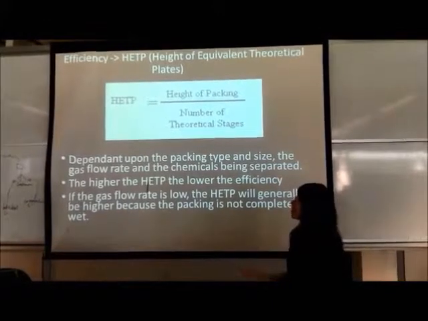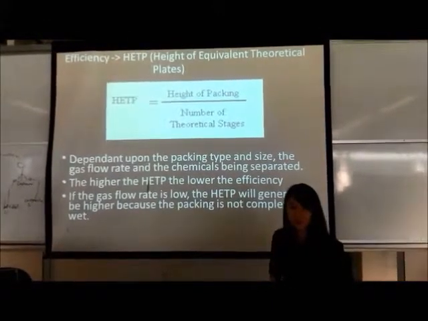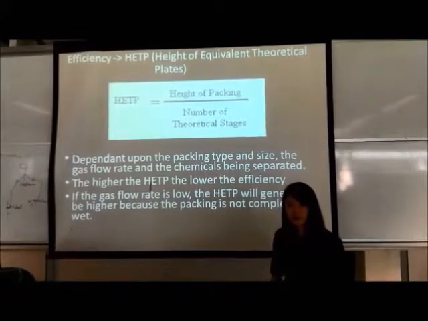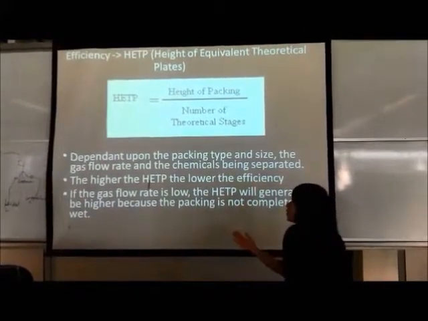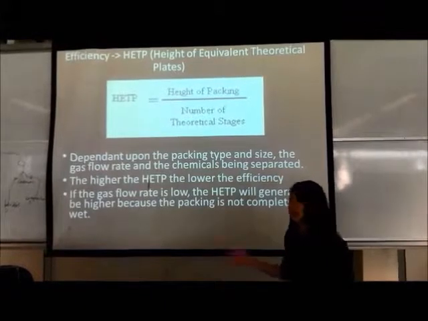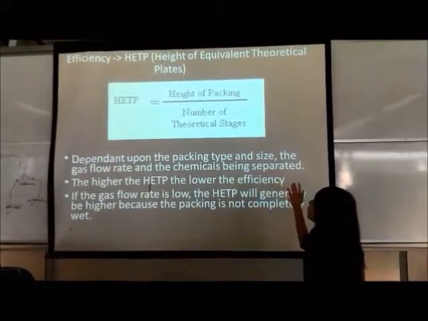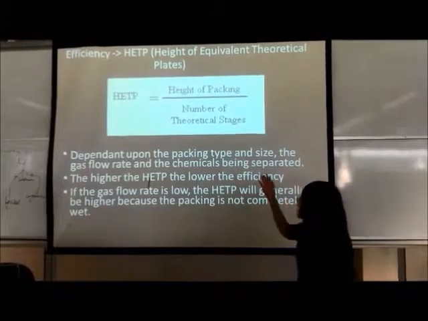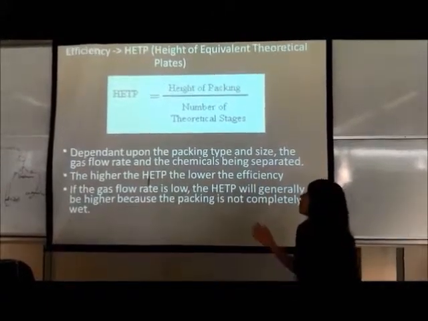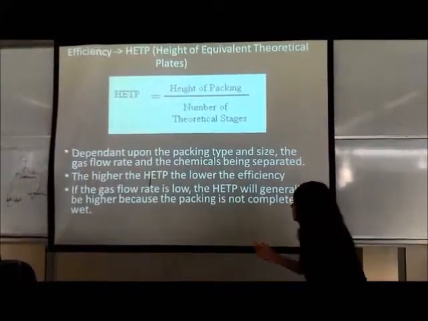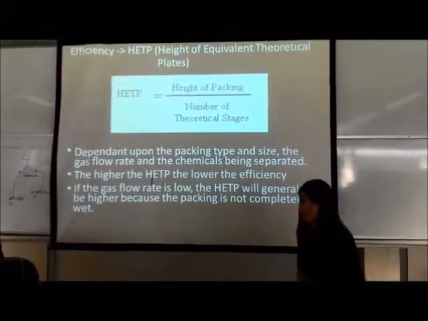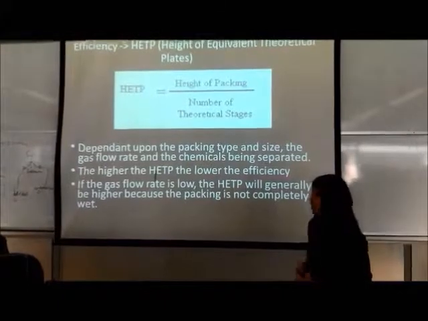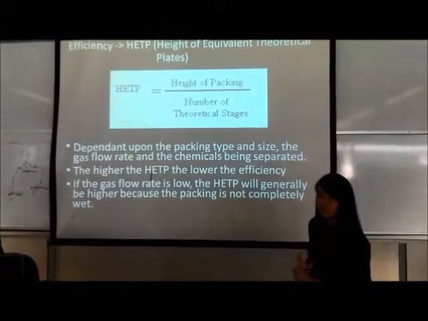Now let us look at the efficiency of the batch packed distillation. We can evaluate the efficiency by using the HETP. HETP stands for height equivalent to a theoretical plate, and it is defined as the height of packing divided by the number of theoretical stages. It depends upon the packing type and size, the gas flow rate, and the chemicals being used.